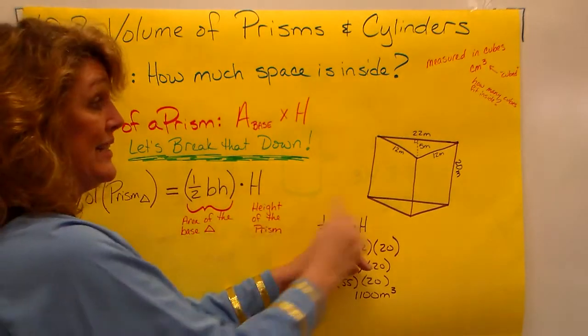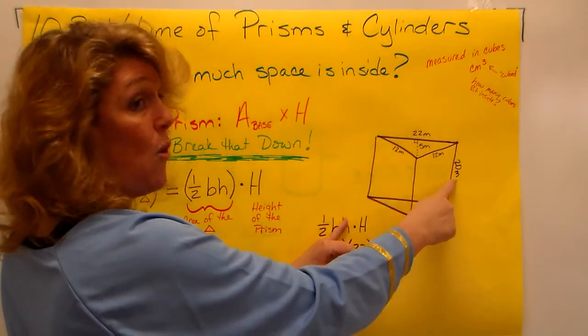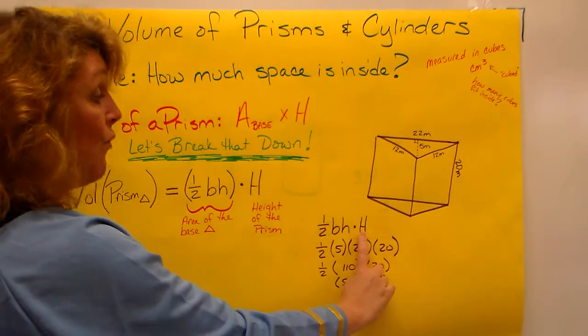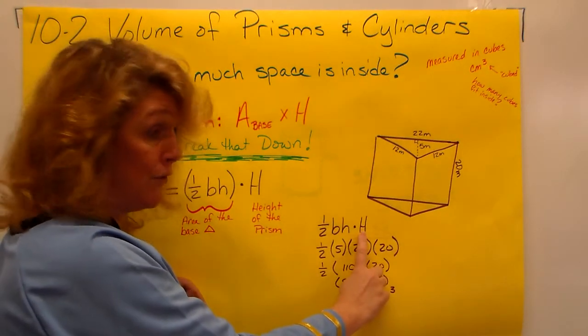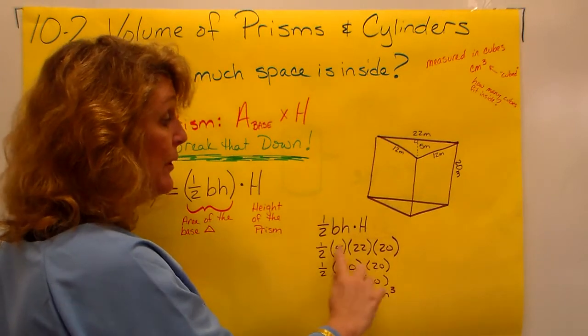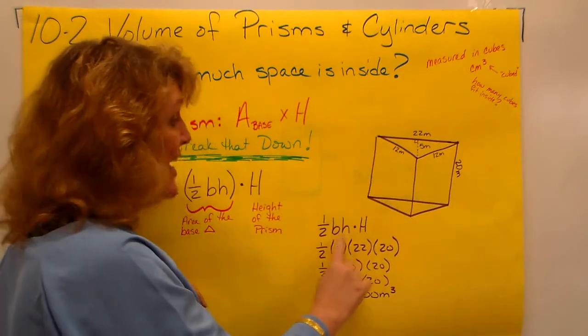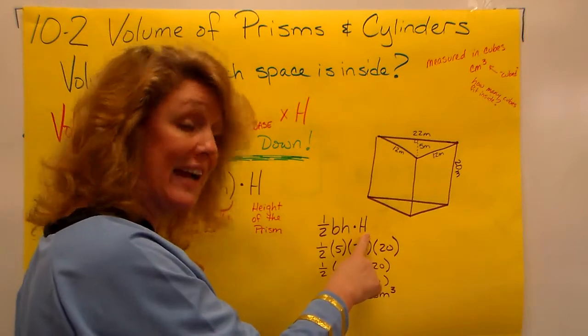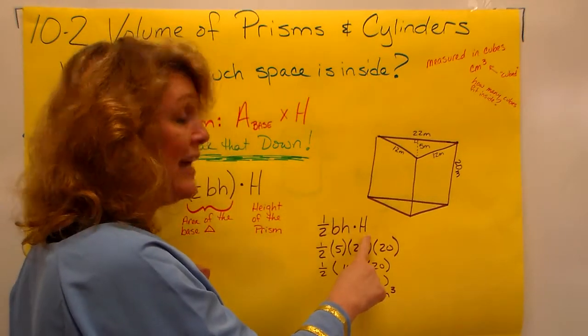And then the height of the prism is this side. It's 20. So we're going to take our formula, write down the formula first, so that all you have to do is go straight down and plug in your numbers. You will make fewer mistakes if you take the 4 seconds it takes to write that down.